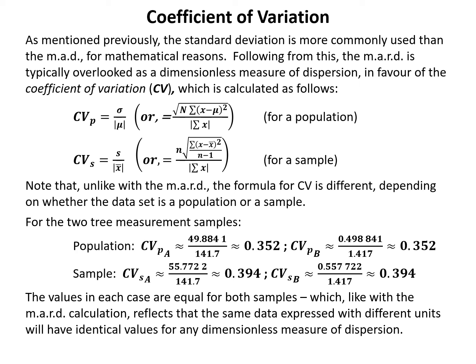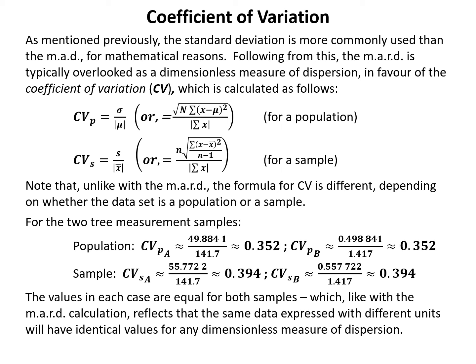Now, for the two tree measurement samples, again, we'll use here the more explicit version of the CV formulas, where we divide the standard deviation by the absolute value of the mean. And we should note here as well, there's the same issue as with the MARDs: in the event that you have a data set with a mean of 0, your CV would become undefined.